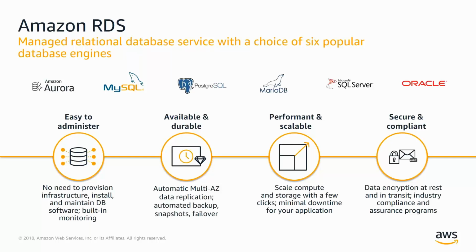So if you're running on any of those engines, you can today move those databases directly into AWS, run them on EC2, self-managed, which allows you to have full control over everything and do whatever you want with the database. But if you want to take advantage of how we manage the backups, high availability, etc., you can also choose RDS.